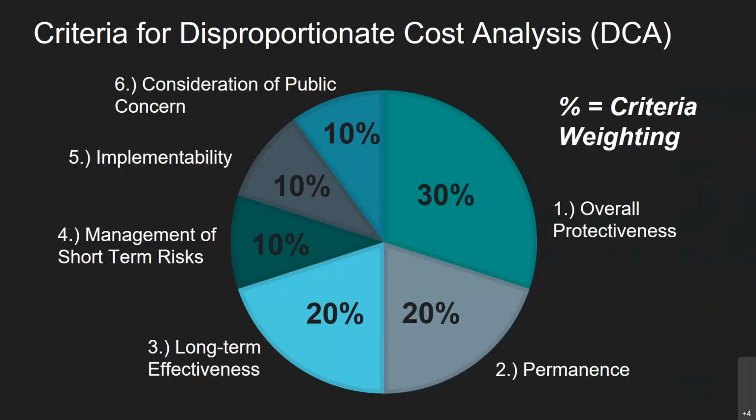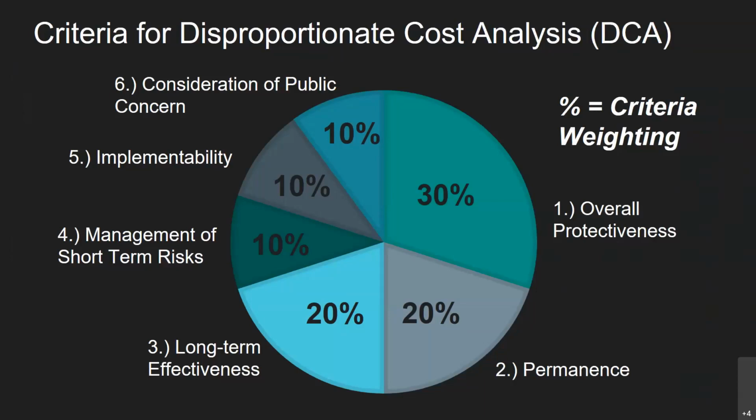Well, it's fairly self-explanatory, really. As you can see, if you just do the math, 1, 2, and 3 there, overall protectiveness, permanence, and long-term effectiveness, have the most weight. That makes up 70% of the analysis. That determines in large part the type of measures you're going to use. The other ones are management of short-term risk, implementability, how easy it is to build and construct, and consideration of public concerns.